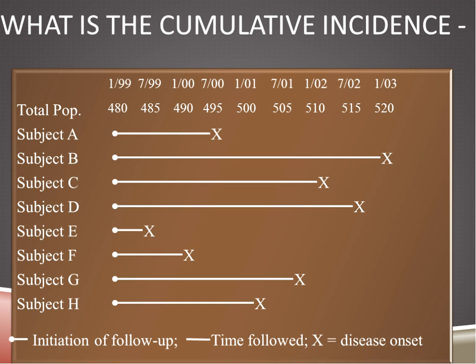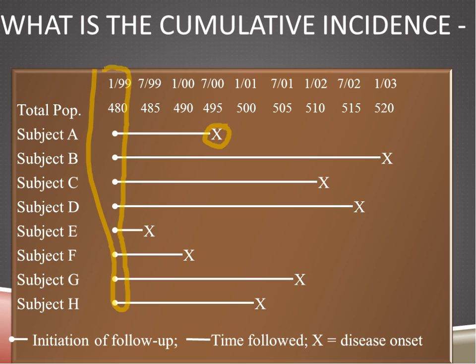So we're going to take a look at some data here, and let's say that we started following all the subjects in January of 1999, and this indicates the period in time in which the person developed their disease.